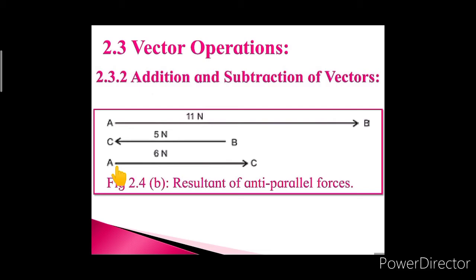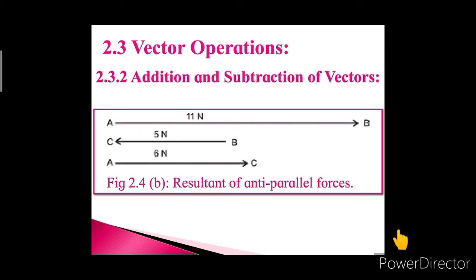So the magnitude of vector AC is equal to the magnitude of vector AB minus the magnitude of vector BC.